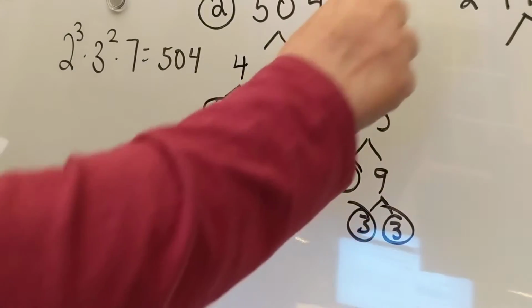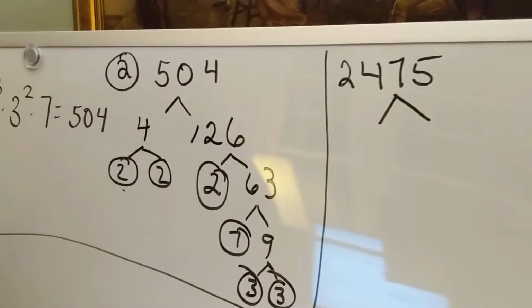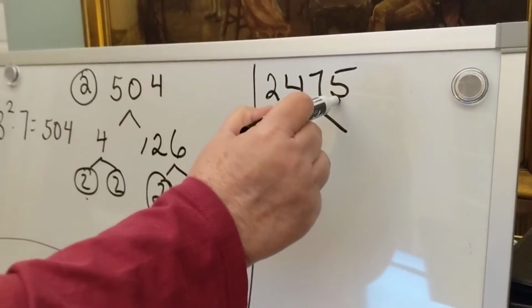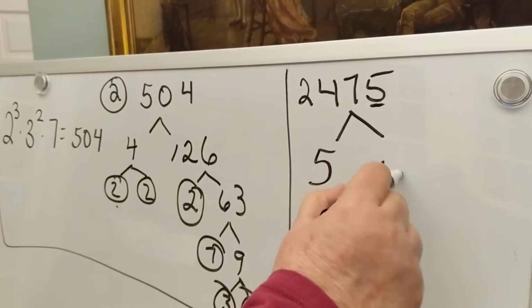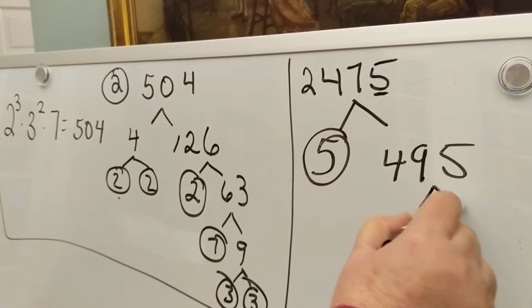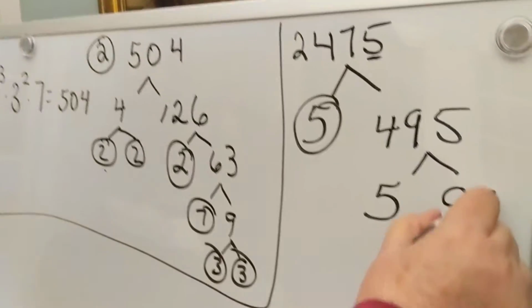Okay, number 2b, we're going to do 2475. Most of us would probably think of the number 5 because the last digit is a 5. So let's do 5 times 495. This one is not prime. We can go again with a 5. Let's see, that's 5 times 99.